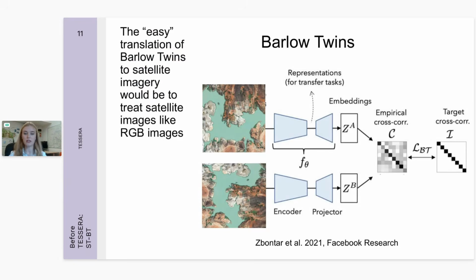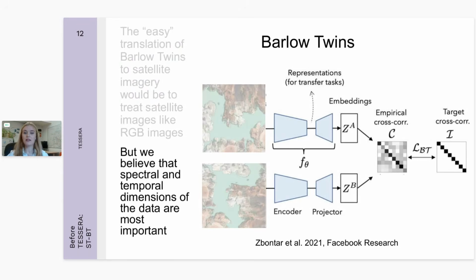So for example, we could take two patches of satellite image, in this case I've shown a rotational augmentation, put that into Barlow Twins, and then force the model to understand that these are the same. However, if we go back to the assumption and belief that I mentioned earlier, that the spectral and temporal information is the most important, we'll see that this isn't really compatible because it's prioritizing the spatial context and perhaps might only use RGB depending on how we design the architecture.